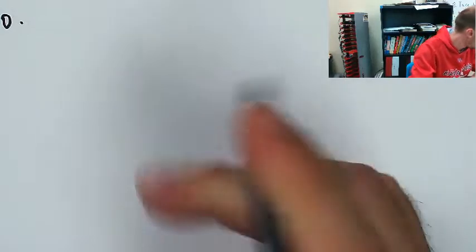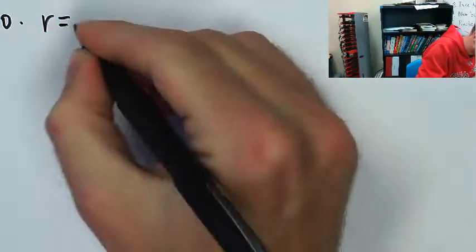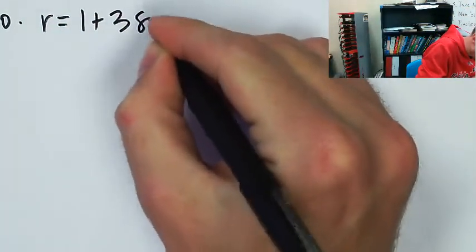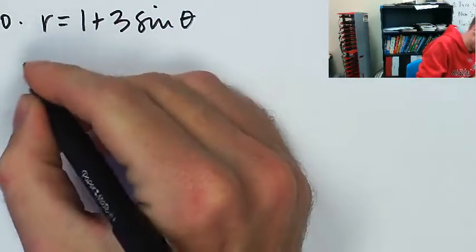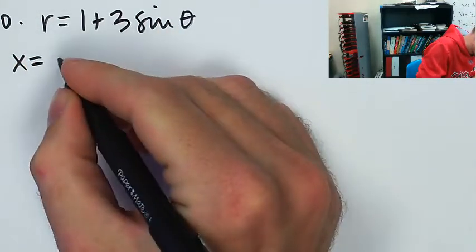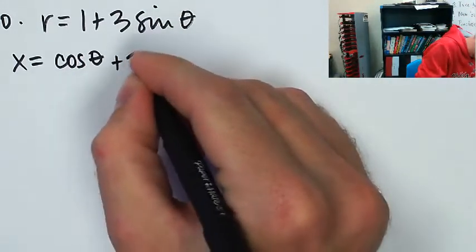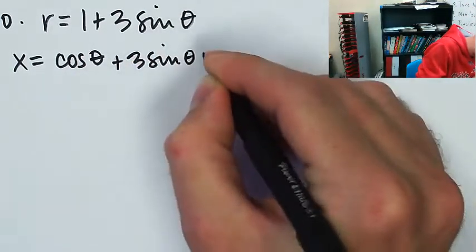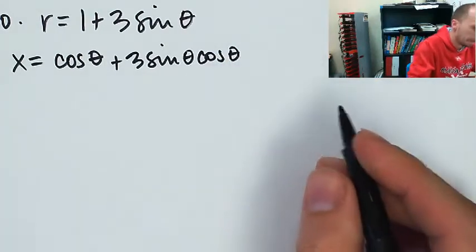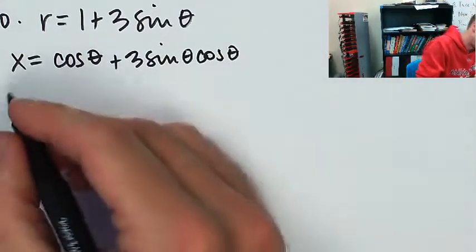Okay, number 10, r equals 1 plus 3 sine theta. Okay, x equals r cosine theta, so I'm going to distribute in the cosine theta to both of these terms. Okay. And then I'm going to take the derivative.